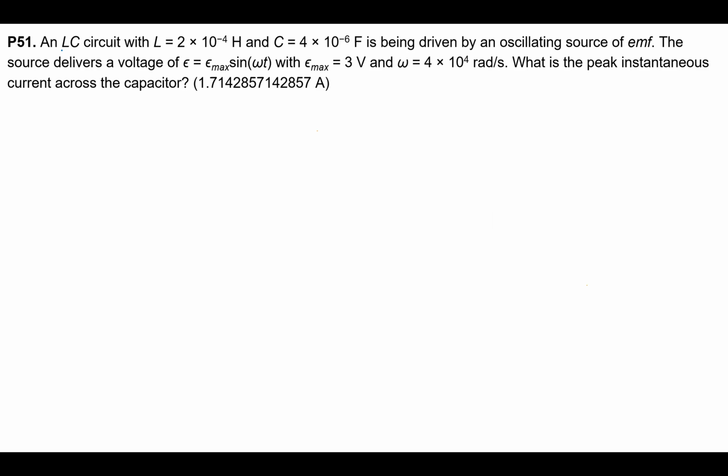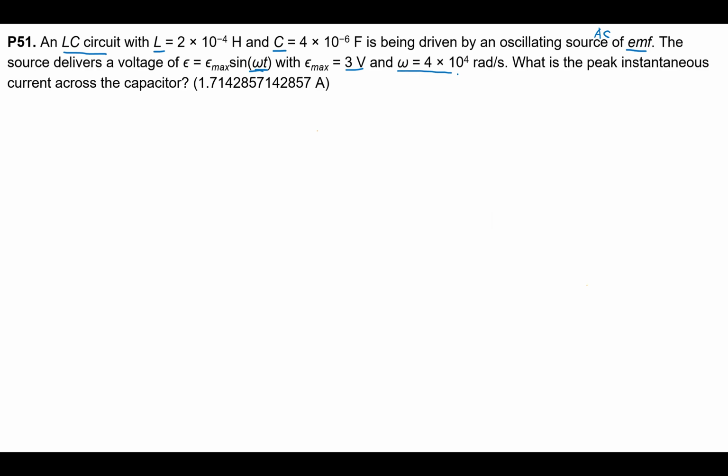If you look at it, there's an LC circuit with L and C, and it's driven by an oscillating source of EMF. So there is an AC source, and the EMF is given by Emax sine omega t. Emax is given, and omega is known.